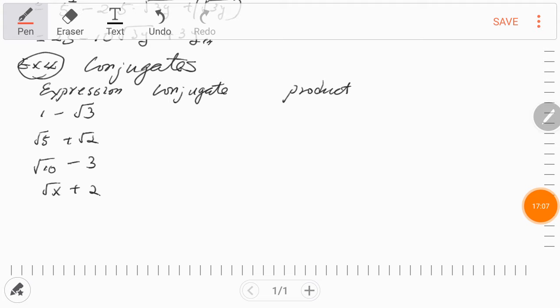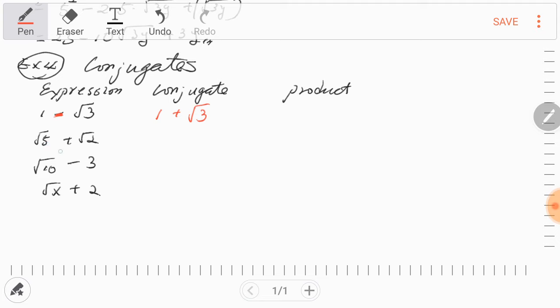Okay, this example is about the conjugate and multiplying conjugates. Here's an expression; this is a binomial. The conjugate of this binomial is found by just changing the sign. This is subtraction, so make it addition: the conjugate will be 1 plus square root of 3.